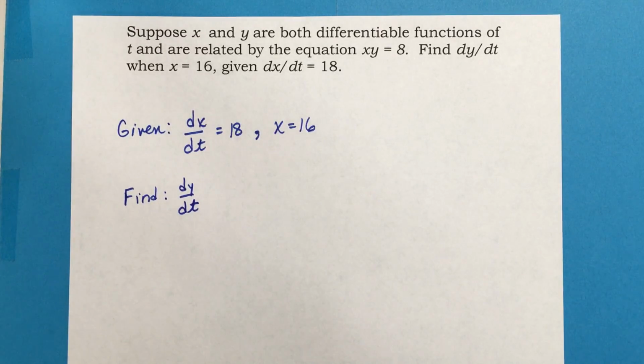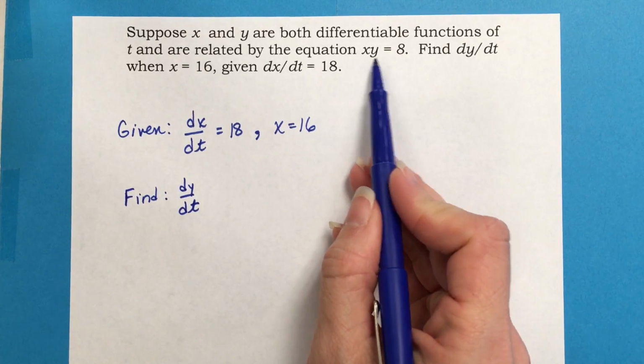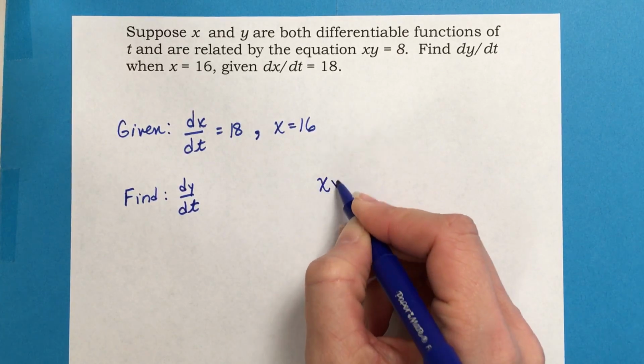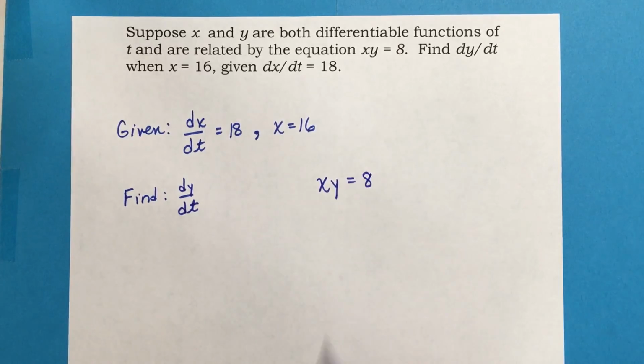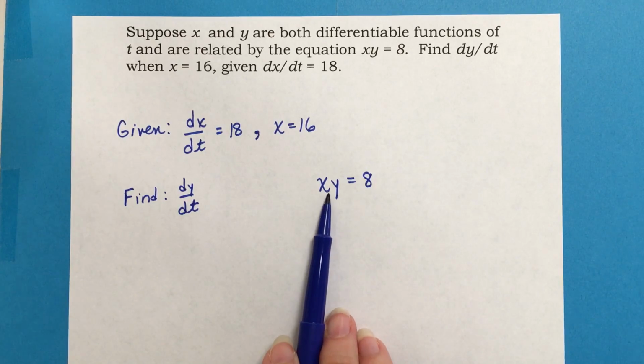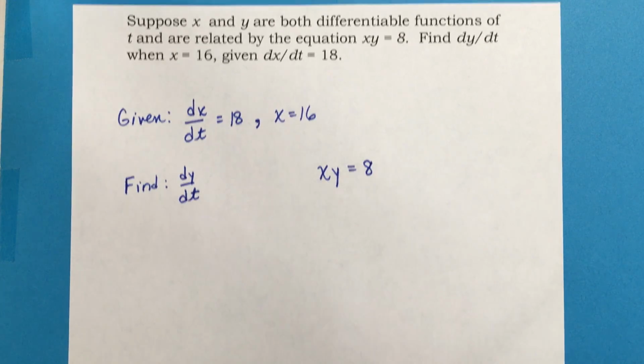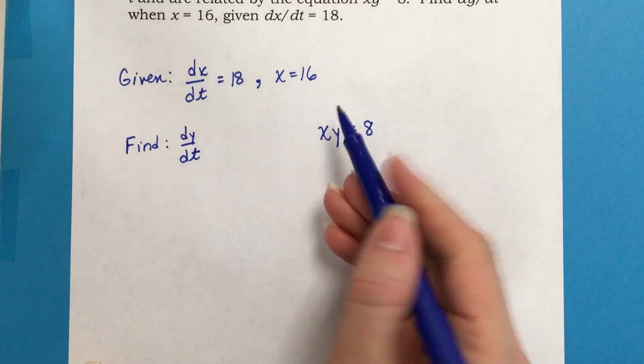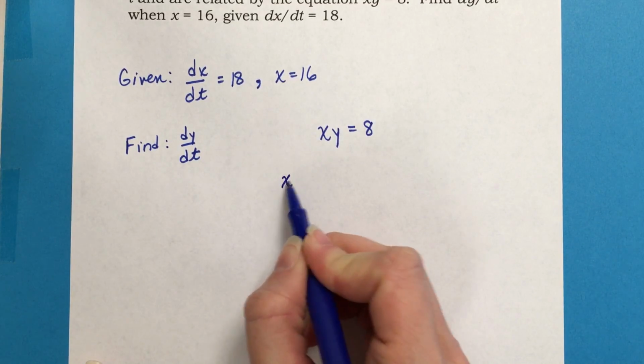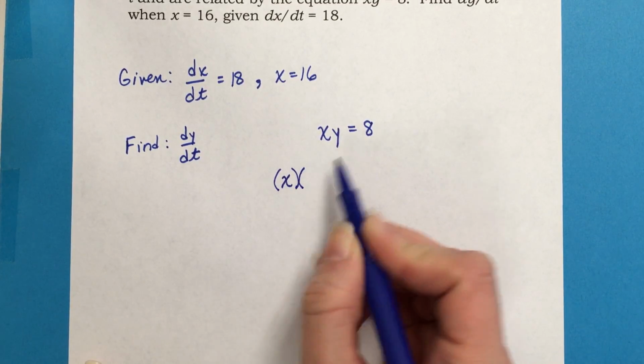Okay, the equation is given to us again. We have xy is equal to 8. All right, so we're taking the derivative, remember, with respect to time. Now this left side is going to require that we use the product rule. So first function times the derivative of the second.